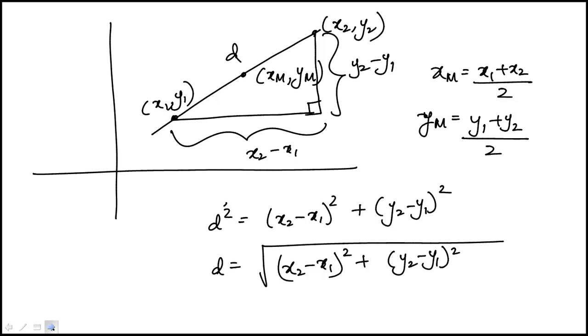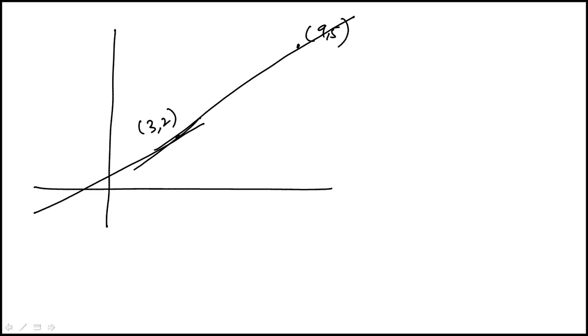Now, the next important concept is that of slope when it comes to lines and line segments. So let's say we have this point 3, 2, and say 9, 5. I connect these two. If we have to find the slope of this line segment, it's really the ratio of the side that's upright to the base.